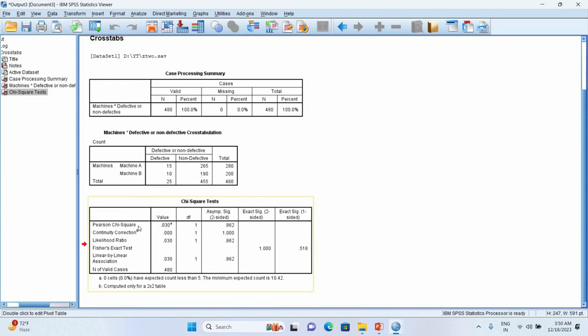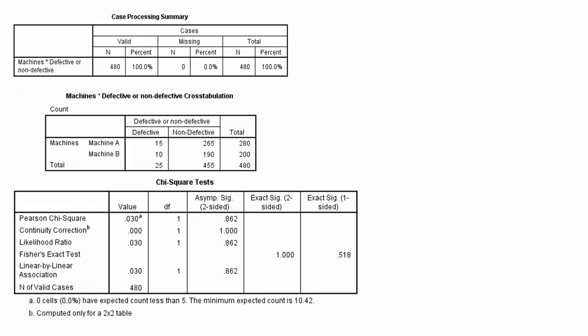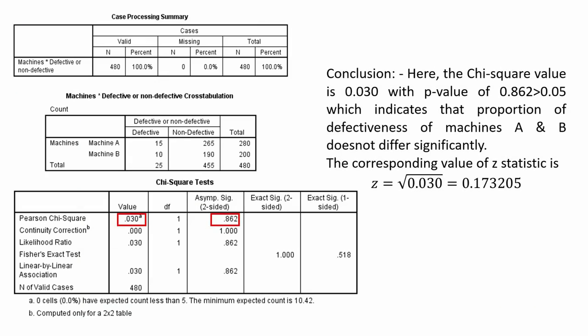Now here you can see that the chi-square statistic value is 0.030, degrees of freedom is 1, and the p-value is 0.862. We can see that in our output we have all the three tables, and in these three tables the main focus is on the p-value and the statistic value. Here we have the conclusion.